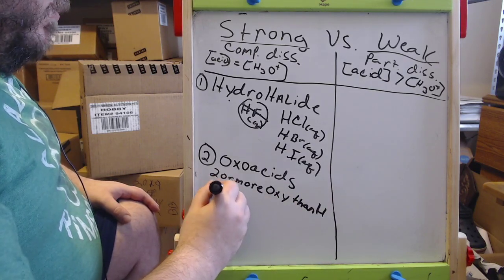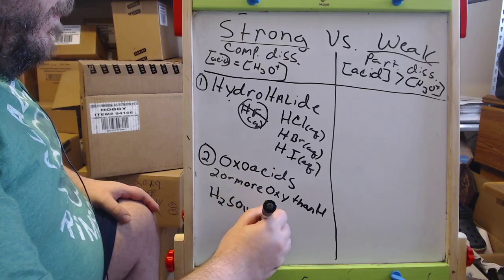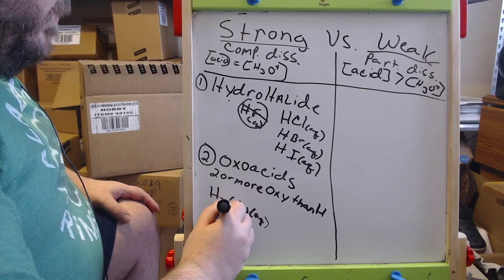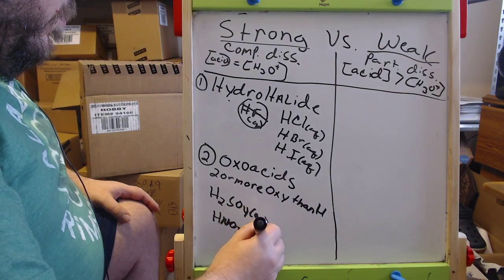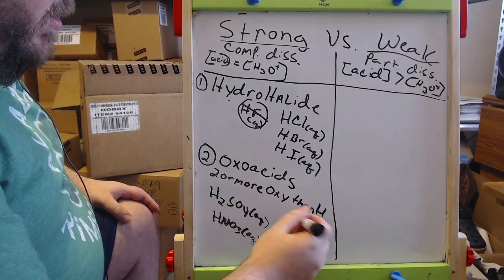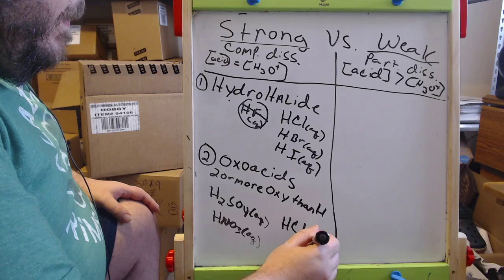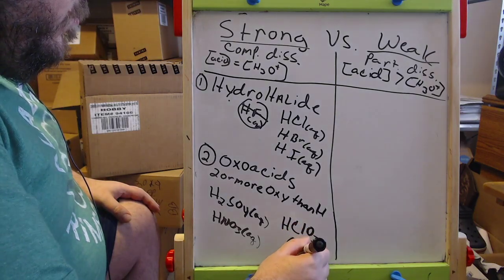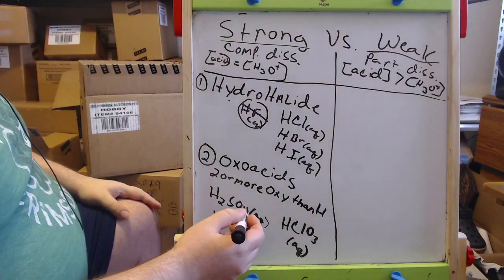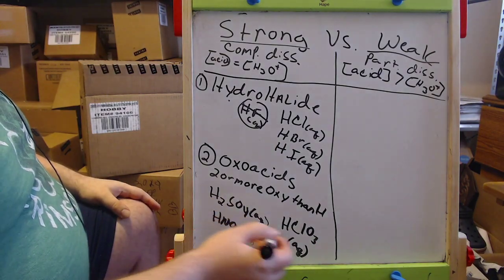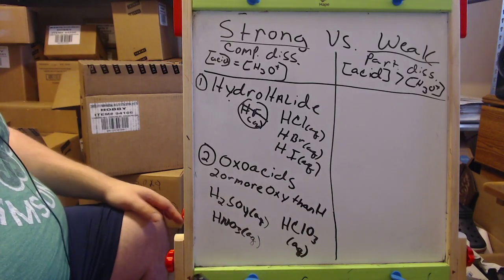So, examples: H2SO4, HNO3, HClO3. The difference between oxygen and hydrogen has to be 2 or more. 4 minus 2, 3 minus 1, 3 minus 1, if I'm going to be a strong acid.